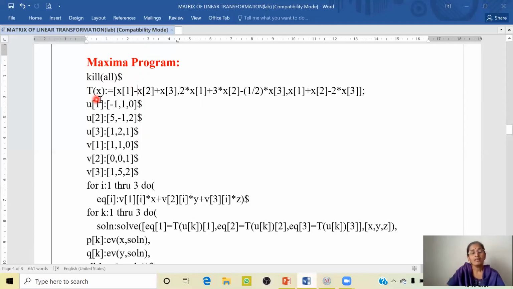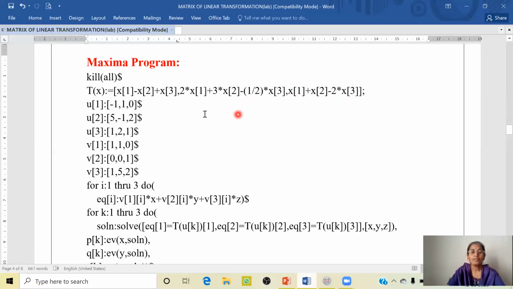Now let us define the linear transformation T in the second line. Put it in square brackets, and this being a function, we need to use colon and equals. So x1 minus x2 plus x3, comma 2x1 plus 3x2 minus half into x3, x1 plus x2 minus 2 times x3.